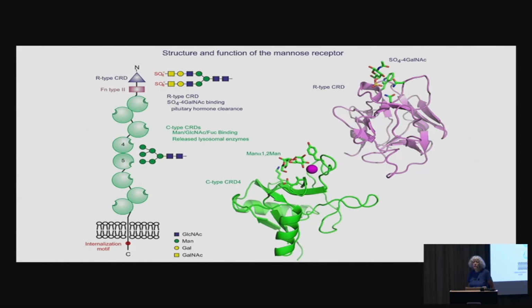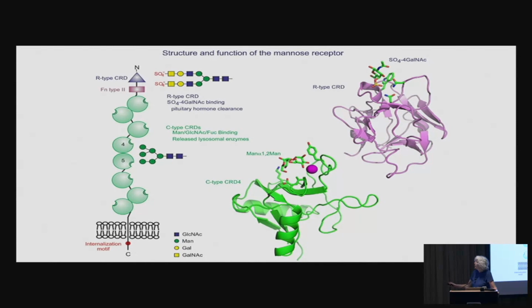The types of ligands which would have high mannose oligosaccharides on them are lysosomal enzymes. So this protein binds released lysosomal enzymes that are released at sites of inflammation or tissue damage. You don't want them hanging about in the circulation, and this takes them out of circulation.